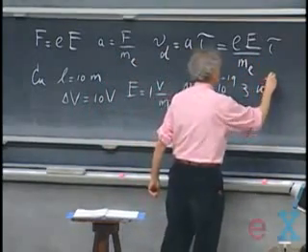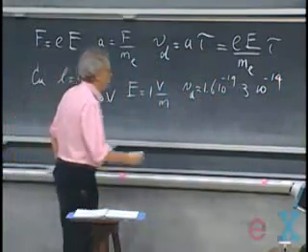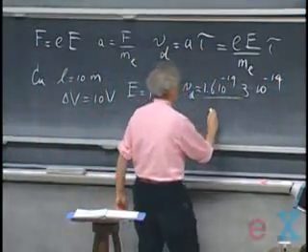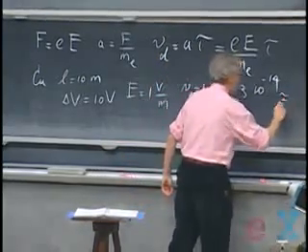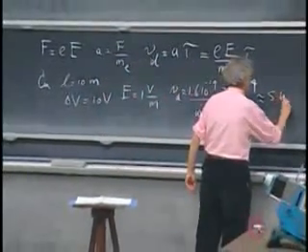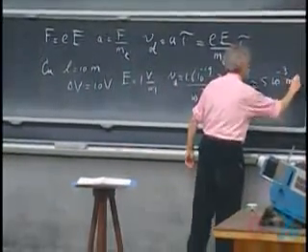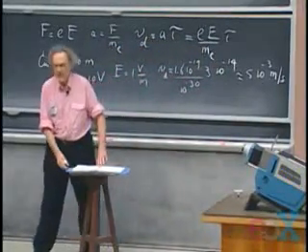Tau is 3 times 10 to the minus 14, as long as I'm at room temperature. And the mass of the electron is about 10 to the minus 30 kilograms. And so if I didn't slip up, I found that this is 5 times 10 to the minus 3 meters per second, which is half a centimeter per second.